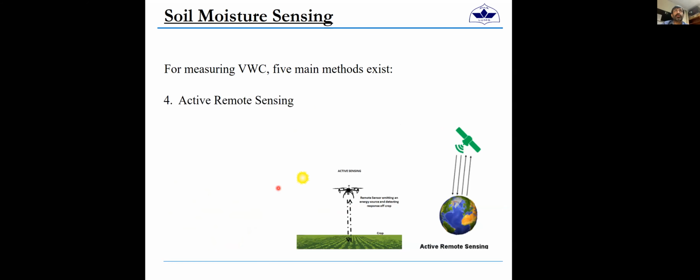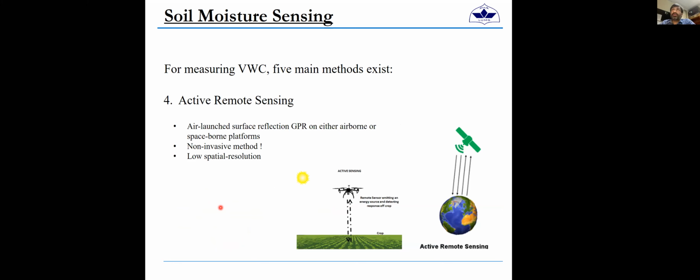The fourth and fifth methods are based on what we call remote sensing. So what is remote sensing? In remote sensing, you have an airborne or spaceborne platform. Spaceborne means you have a satellite, and airborne means, for example, you have a drone. You deploy something on this drone or satellite which transmits a wave.